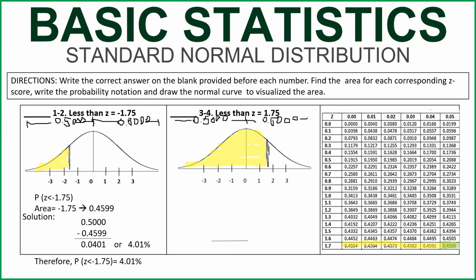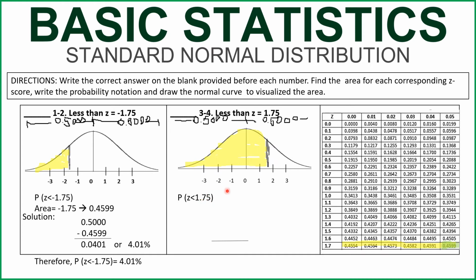So, since it's less than the z-score, which is 1.75, our probability notation, since we've already visualized and drawn the normal curve, is to write the probability notation where z is less than positive 1.75.